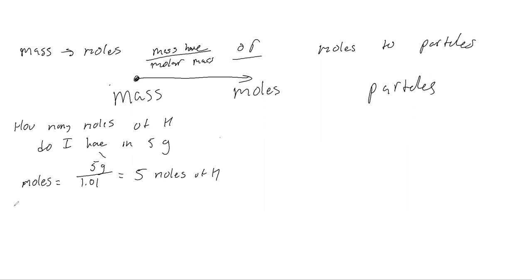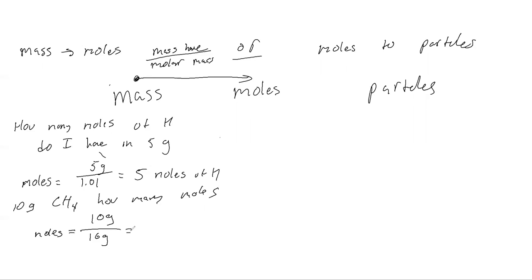If I say I have 10 grams of, say, CH4, how many moles? Well, in this case, I found out earlier that the molar mass of CH4 is going to be 16. So my moles is equal to the grams that I have, 10 grams, divided by my molar mass, which is 16 grams.